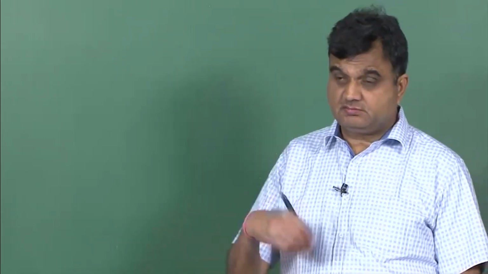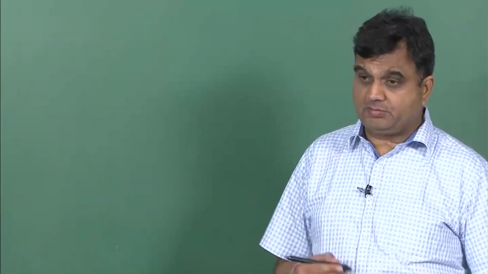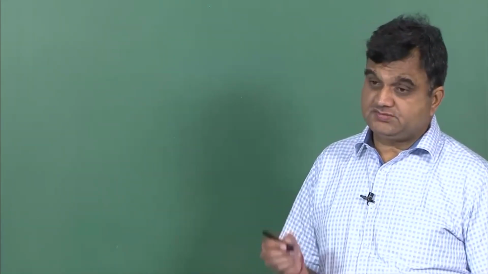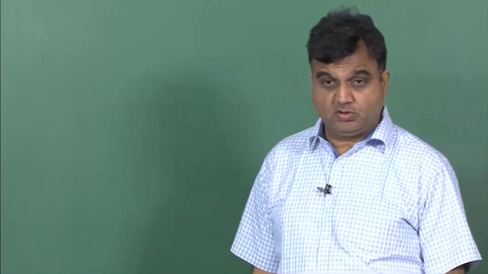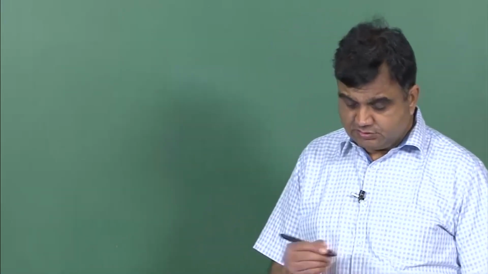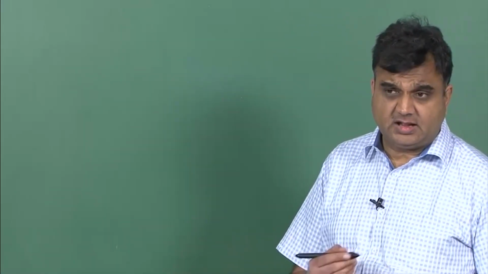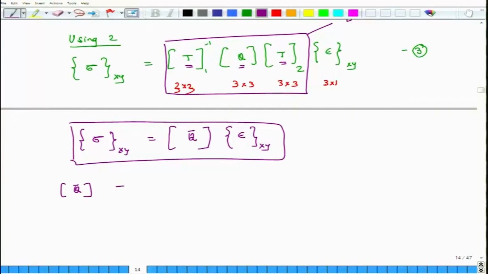Q bar is for a generally orthotropic lamina, Q is for an especially orthotropic lamina, but both are in state of plane stress. So, Q bar is for a generally orthotropic thin lamina in the state of plane stress and this is equal to inverse of T1 times Q times T2.